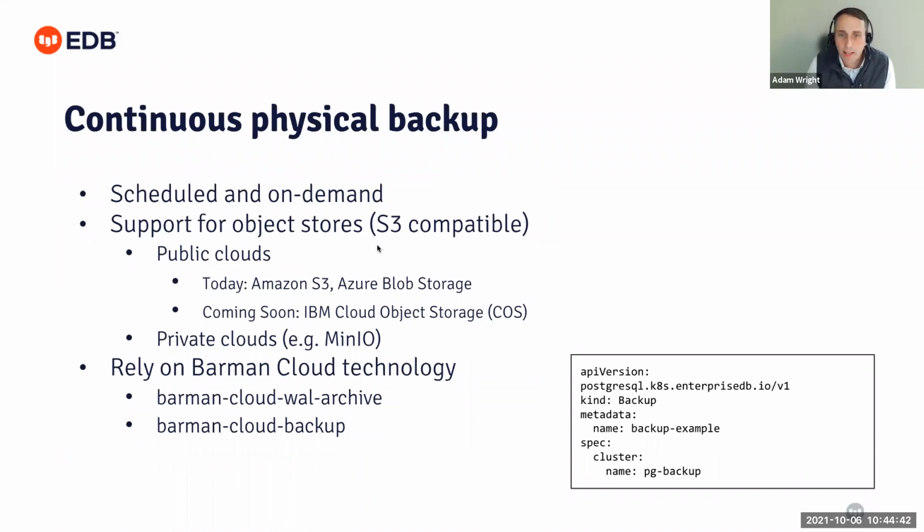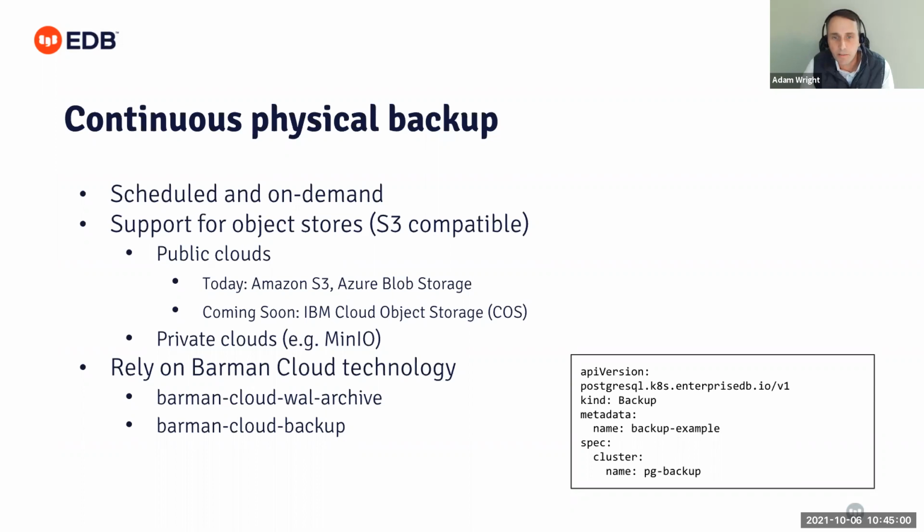So we use Barman Cloud for our backups, and these are aimed at object store environments. If you have other targets for storage, MinIO gives pretty broad coverage, extremely popular these days.